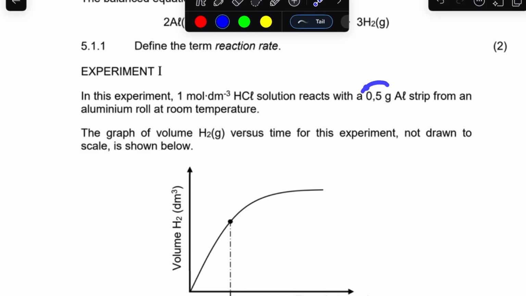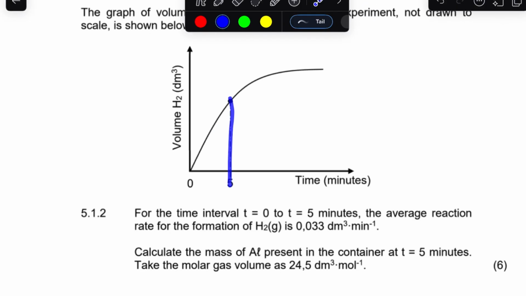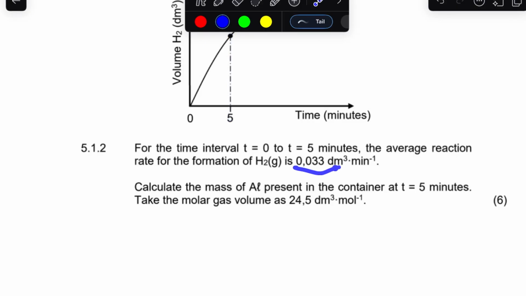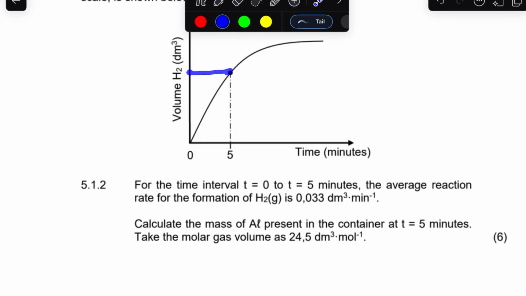So there's still an amount that is used and an amount that remained. We wanted that amount remaining at 5 minutes. So what is going to assist us here is the rate and time, so that we can get the volume of hydrogen. What is the volume of hydrogen produced at that 5 minutes, right?